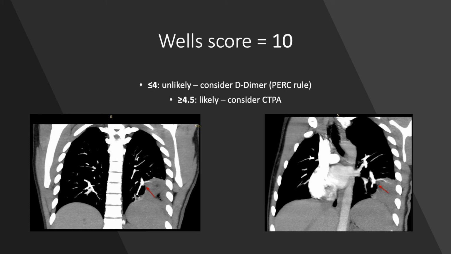It could be a different cause. And if you're considering doing a D-dimer, also look at the PERC rule, which will help you identify if it's quite a low clinical probability of a PE, and therefore you don't need to, or consider not investigating it further to avoid unnecessary investigations.